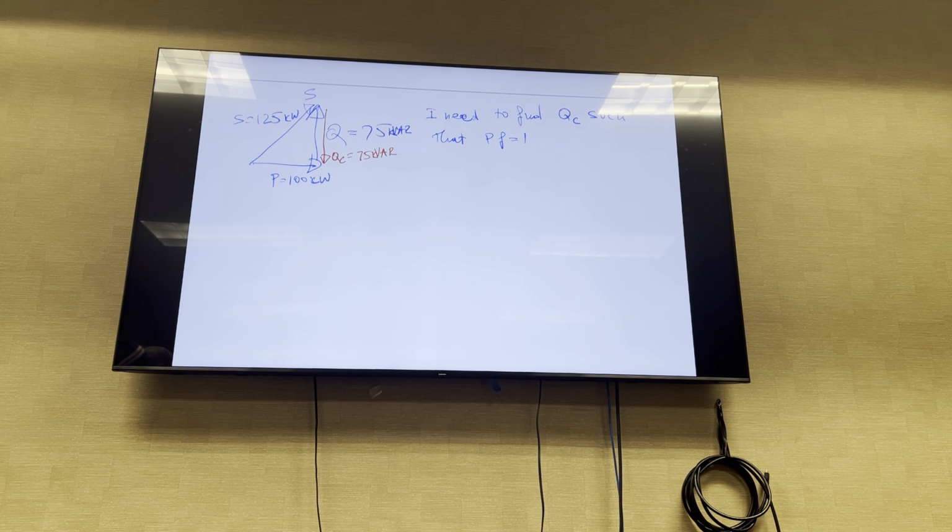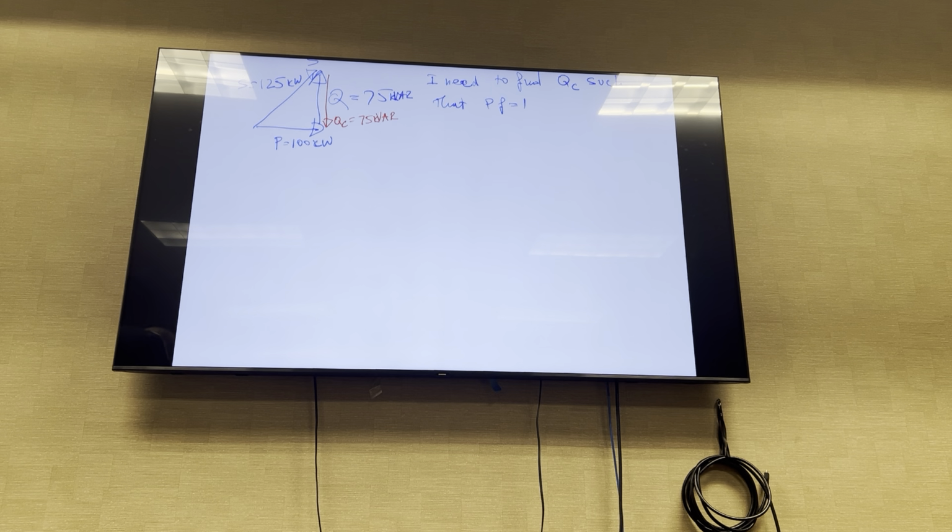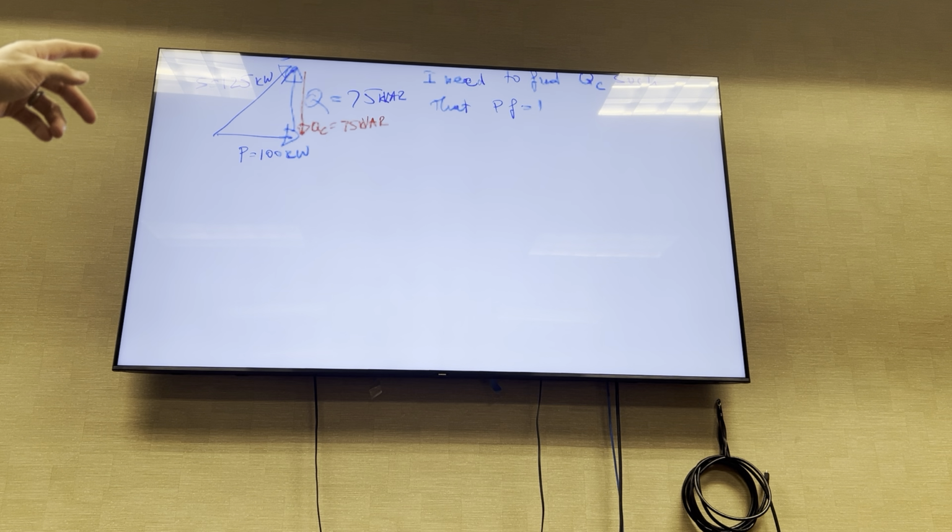Wait, why is that QC? Why is it 75K? Because all of the reactive power is coming from the capacitor bank. Oh, because I thought you were finding S of the machine.